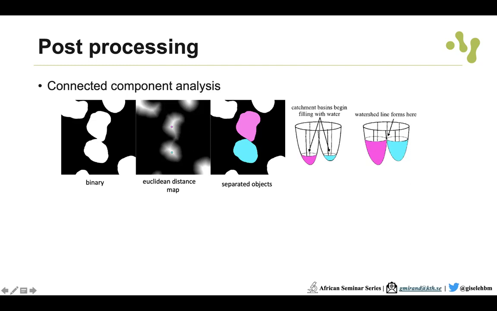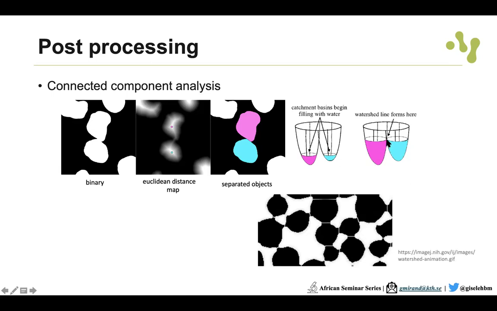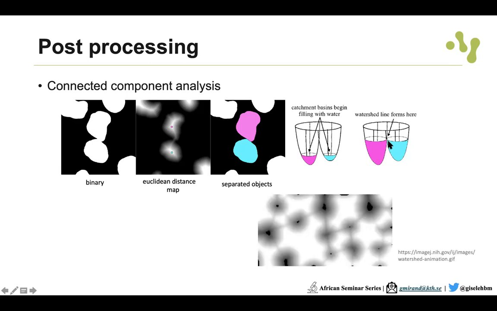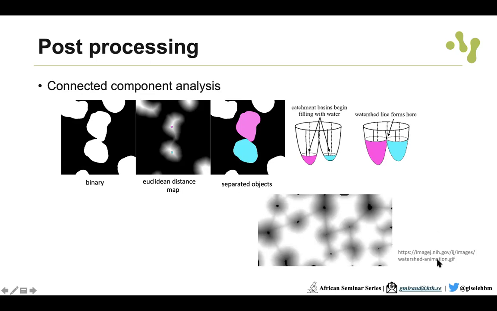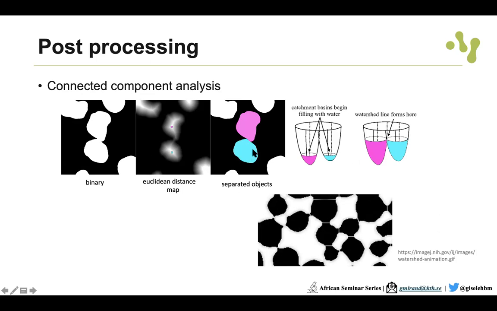The idea is to generate this distance map where, from the boundary of the nucleus in the direction of the center, the distance increases. So it's like filling two catchment basins, and when they meet each other, a watershed line is created. Here is a similar animation using an example from the Fiji website. And now we have two objects.